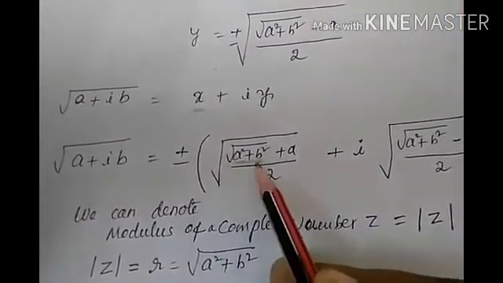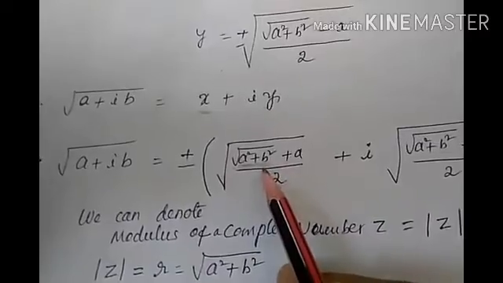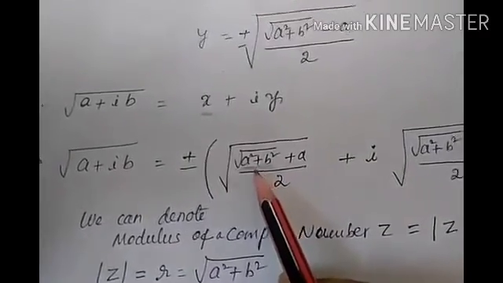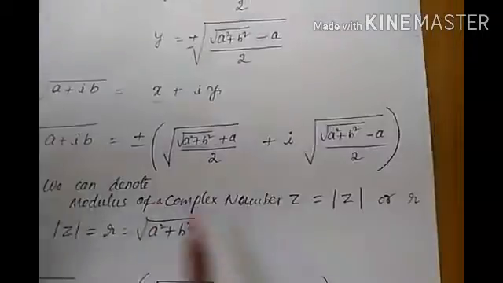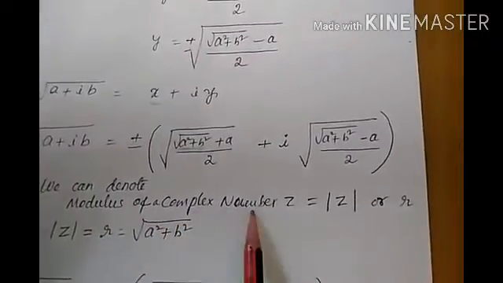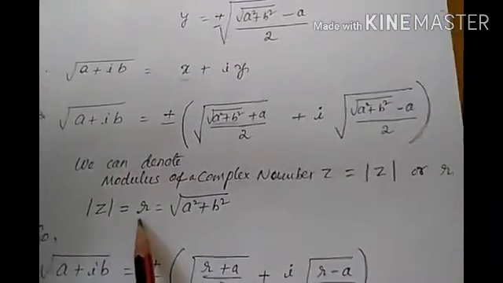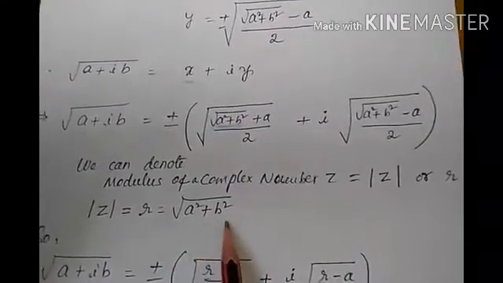So, here square root of a square plus b square is the modulus of a complex number. So, it can be denoted by r, small r. We can denote the modulus of a complex number z as mod z or small r. Therefore, mod z equals small r equals square root of a square plus b square.